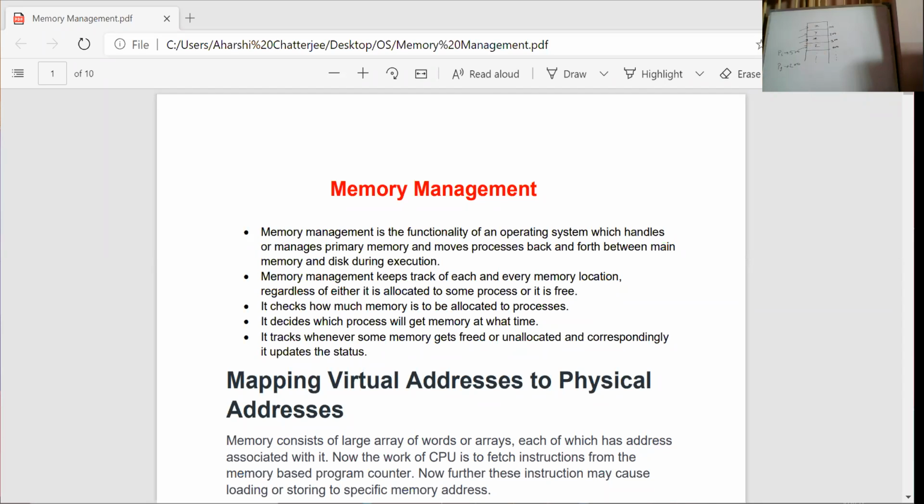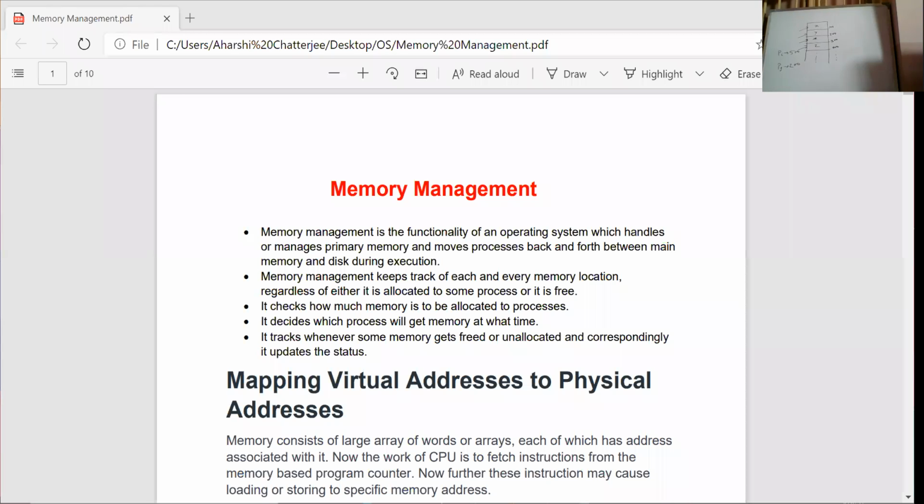When a process is going to execute in a CPU, before executing it, we need to bring that process to the primary memory, because the system accesses everything from the primary memory. So obviously, before going to a CPU, a process has to be there in the primary memory.